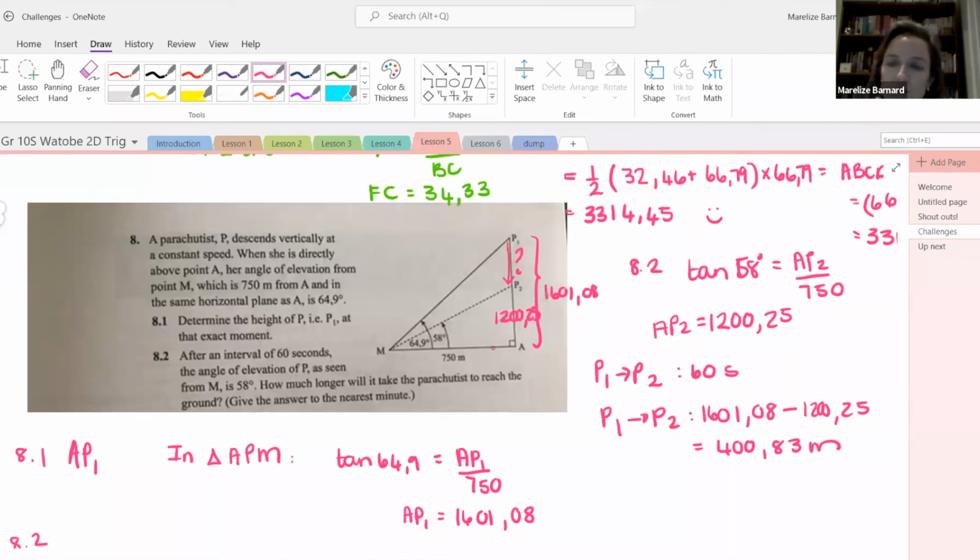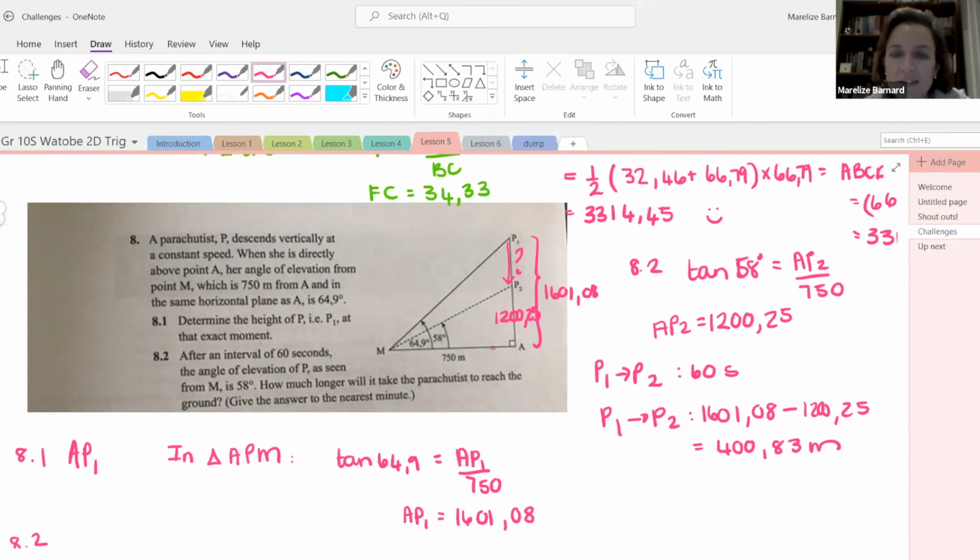So how fast was she going? If she travels that much, 400.83 meters in 60 seconds, how does that help us to determine how long it's going to take her? So she basically drops 400.83 meters in 60 seconds.